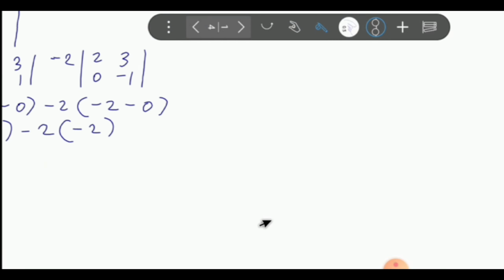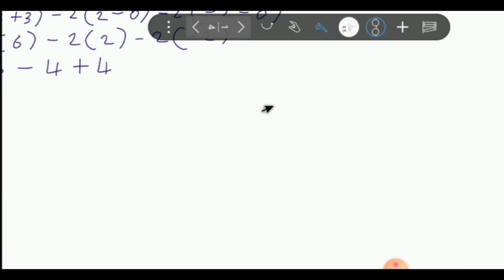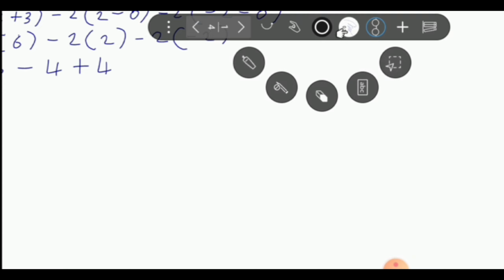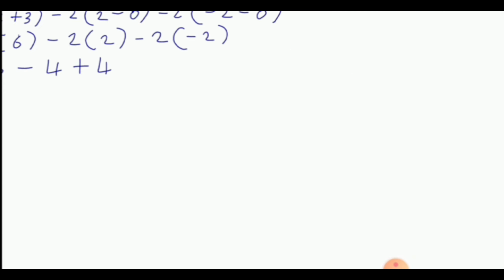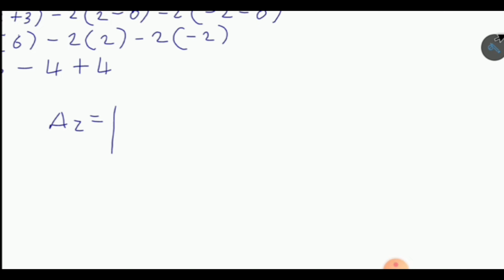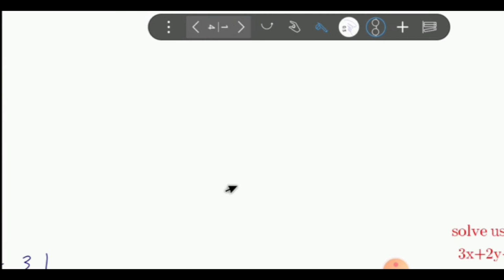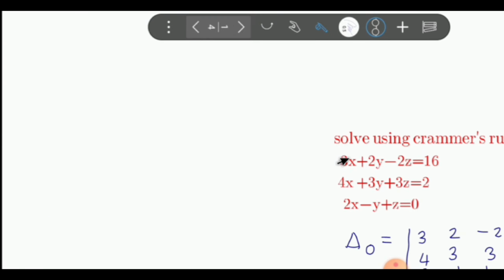Let's calculate for change in z. We'll rule our line. So the coefficient of x is 3, 4, 2, while the coefficient of y is 2, 3, minus 1.